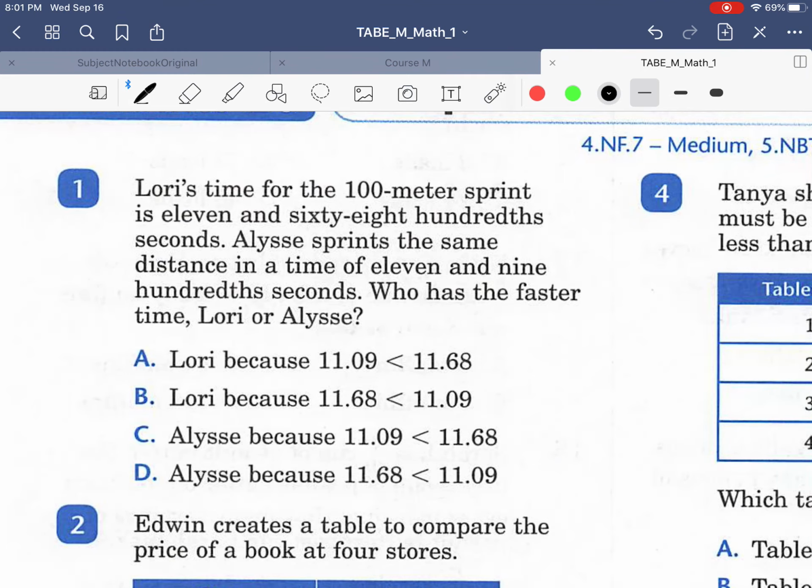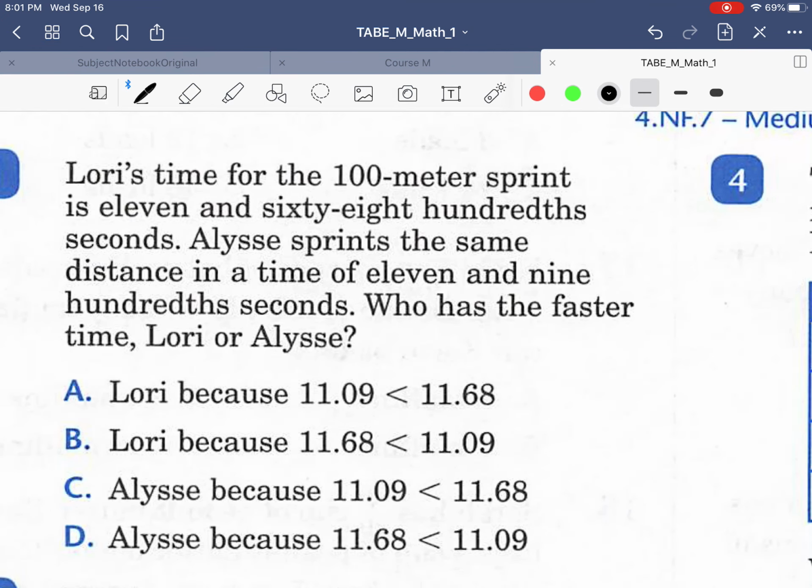A couple of things here. We really don't need this number. It's telling us the length of the race, and has nothing to do with our problem. 11 and 68 hundredths goes with Lori. Elise has a time of 11 and 9 hundredths seconds.